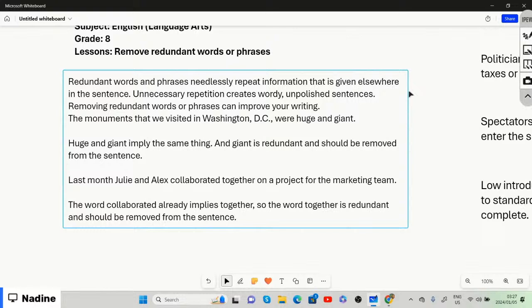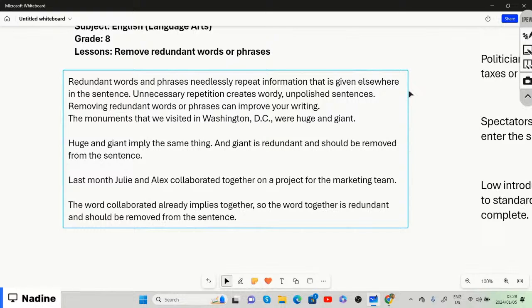Removing redundant words or phrases can improve your writing, because you remove unnecessary repetitions of words.